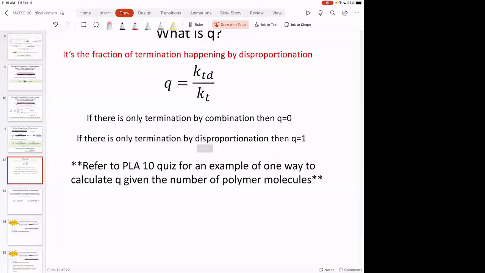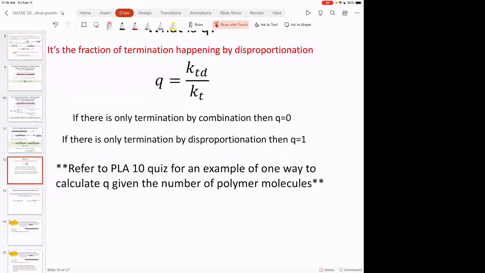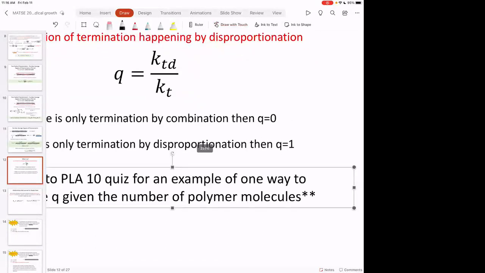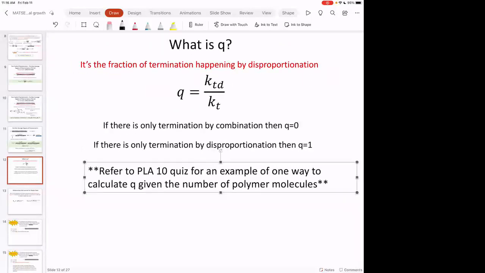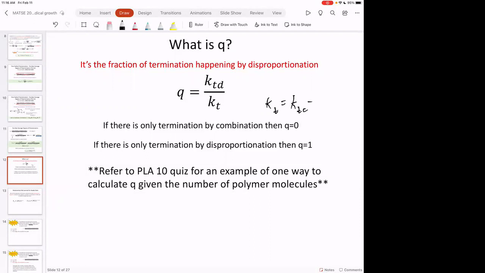And you know that KT equals what? KTC plus KTD. So remember the definition of Q, because if you try to make up Q, thinking Q is KTD over KTC, you'll get it wrong. You have to remember the definition of Q.